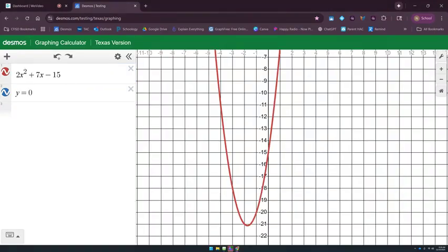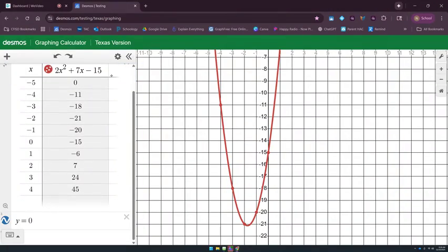Going back to this table that we were looking at earlier, if I was to ask you, what is f of 10? Would you be able to tell me what that is? Do you know how you would do that if you're looking at the table?